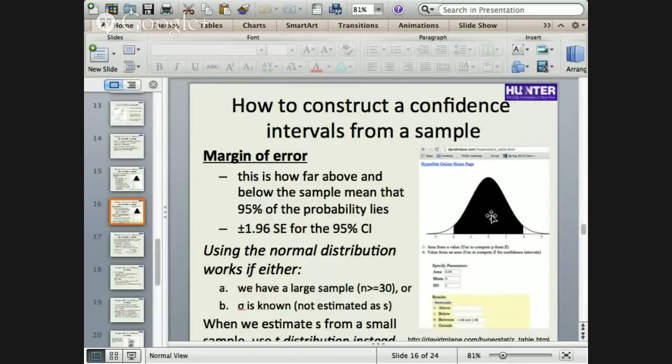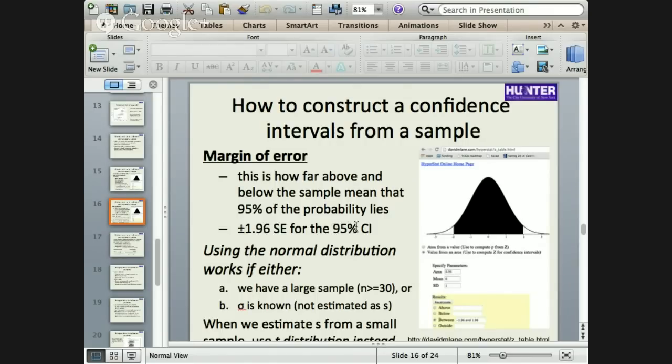So in the example of a 95% confidence interval, which is the one people usually use, when you read a paper or read about a poll in the newspaper, it will usually be a 95% confidence interval that they're reporting, but not always, and you'll be able to calculate different ones as well.